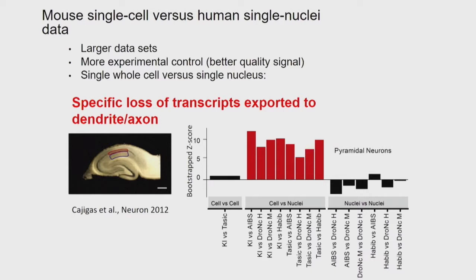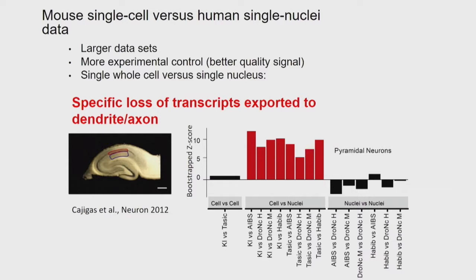So we've been using a mouse, where at the time we had larger data sets and better experimental control in terms of how we kill the mouse, and we can use single whole cell. Now we wanted to ask the question: are we selectively missing something, or do we have some kind of bias in the data when we move from whole cell to whole nuclei? To do this, we used a data set from Cajigas et al., published in Neuron, in which they took the pyramidal cell layer in the hippocampus.